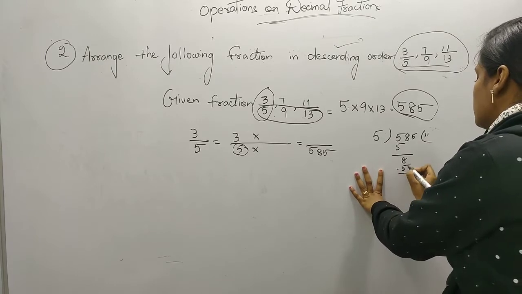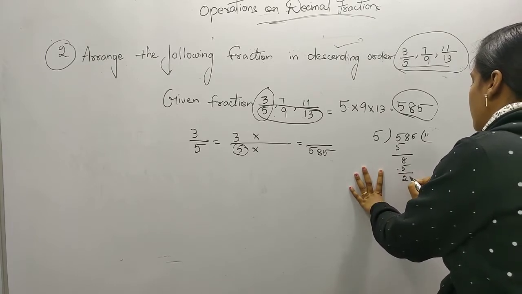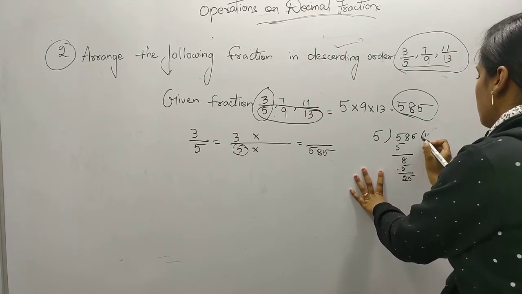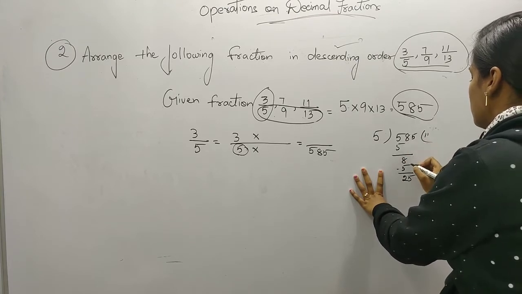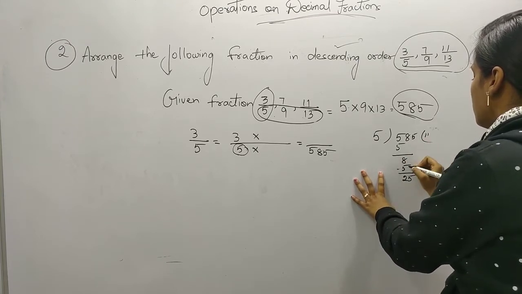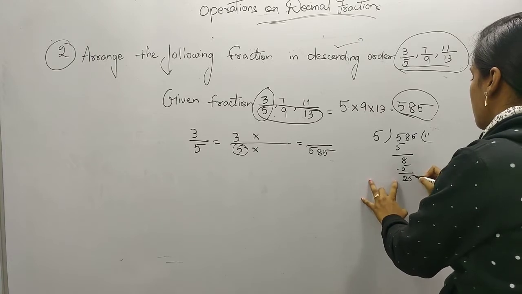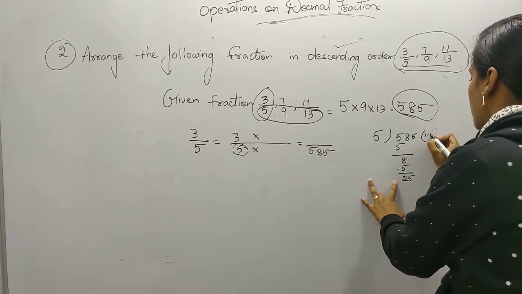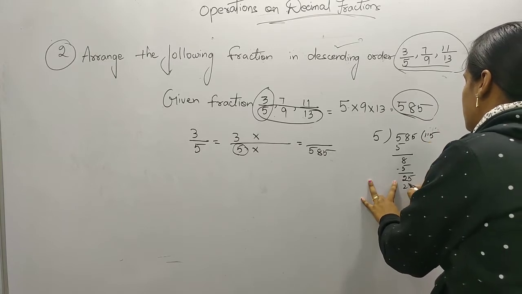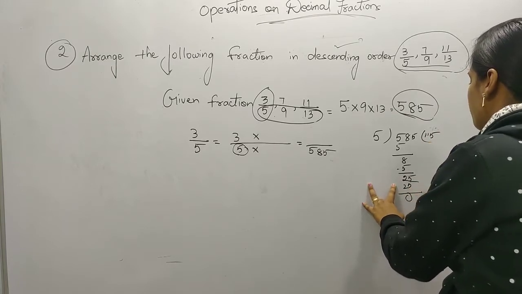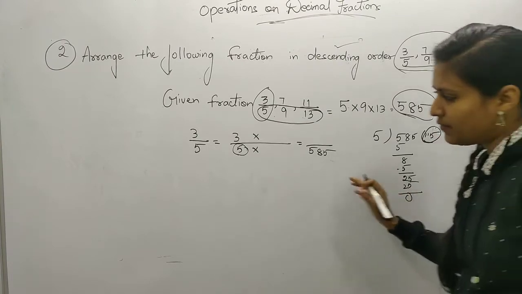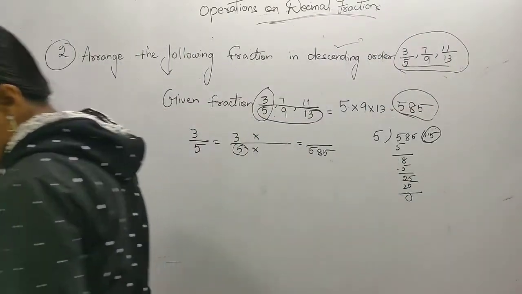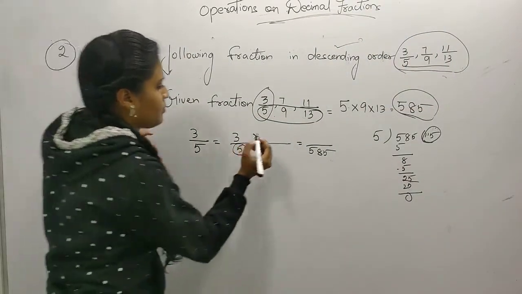By subtracting, how much will we get? 25. 5 into 5 is 25. 0. What value came? 117.